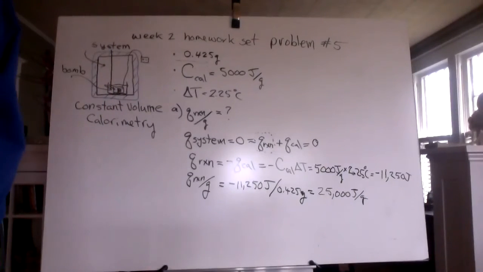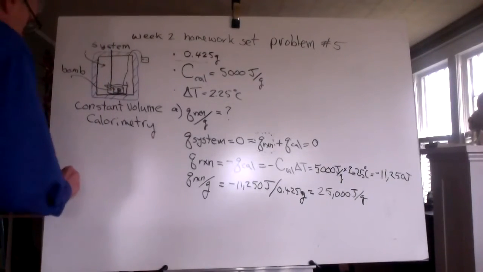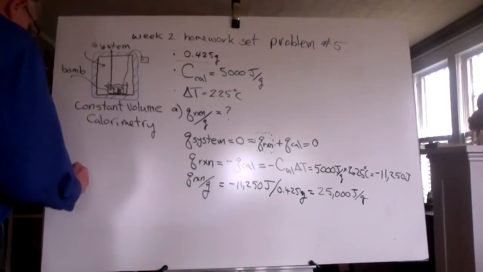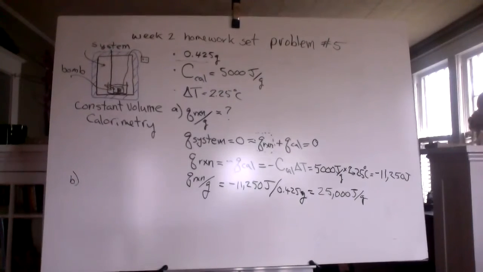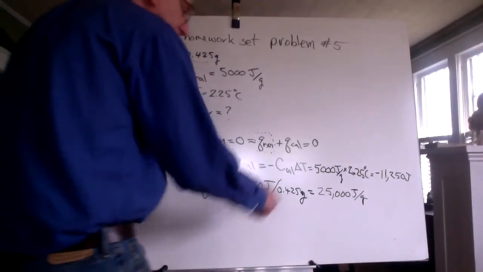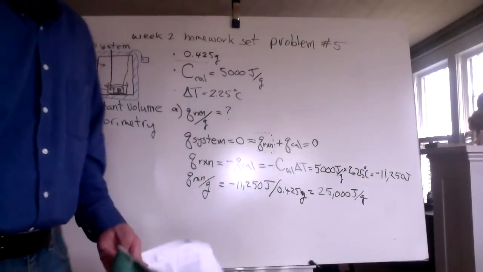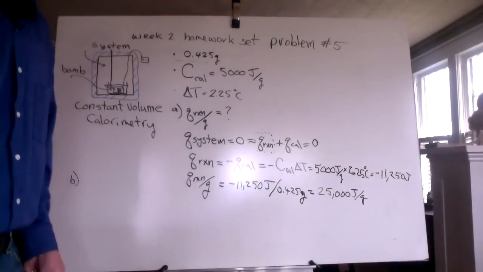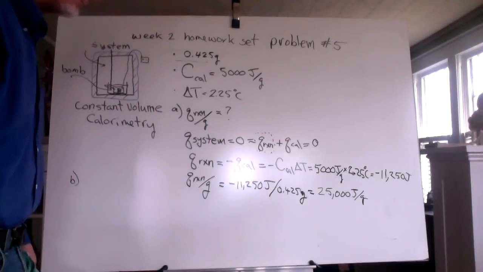Now you're also asked to provide a part B answer. And by the way, notice that this is positive. We dropped that negative sign purposely, or you could think of us just using the absolute value of the result.